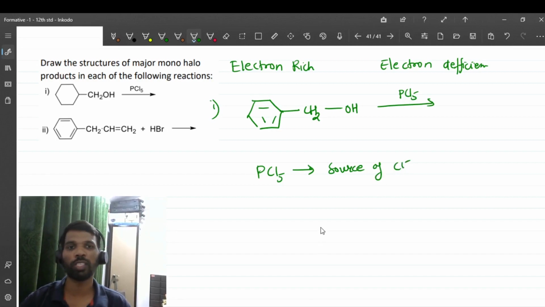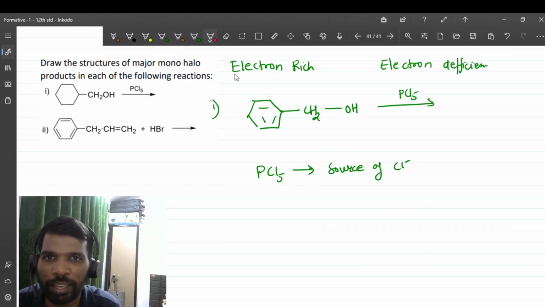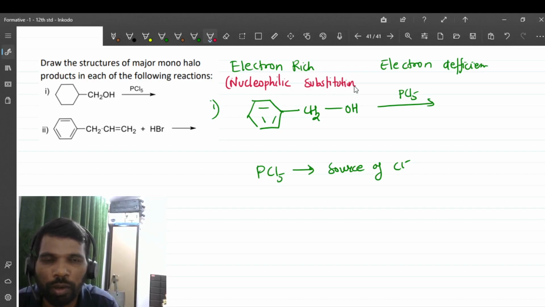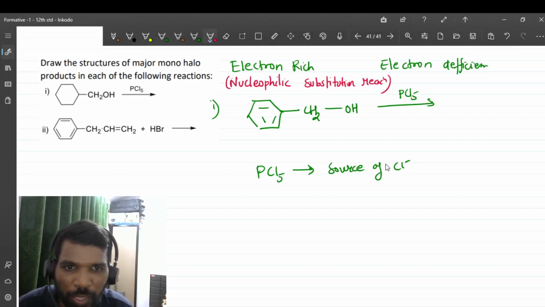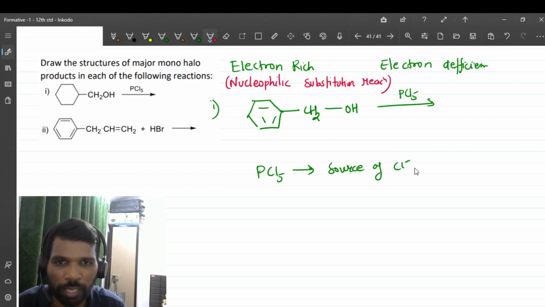This is actually a nucleophilic substitution reaction. This category of reaction is nucleophilic substitution, right?